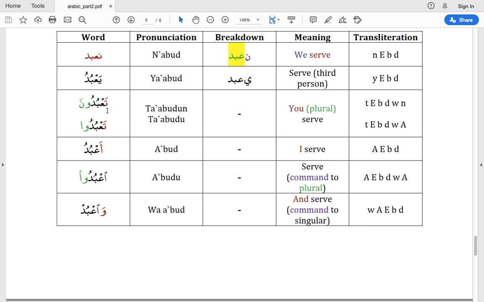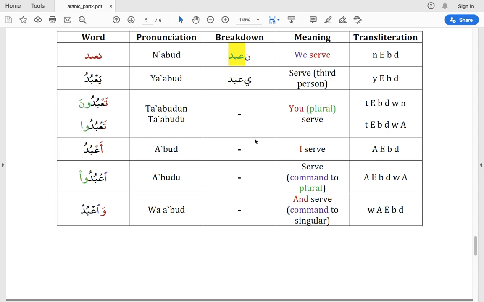Okay. Now we have ta'budun: ta, ain, ba, dal, waw, noon. Ta at the beginning signifies you, plural. And then waw noon at the end means it's a plural. It's many people, ta'budun. Now, here there are two different renderings. There's one with waw noon at the end, and one with waw alif at the end.